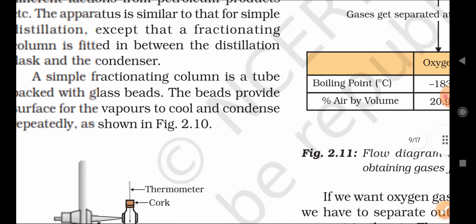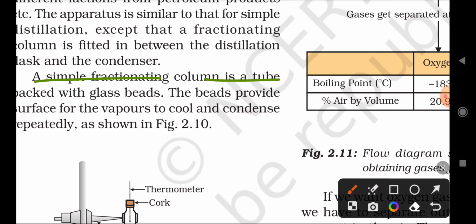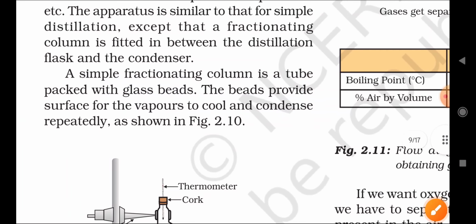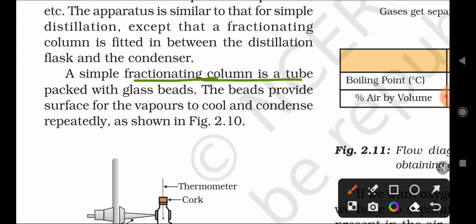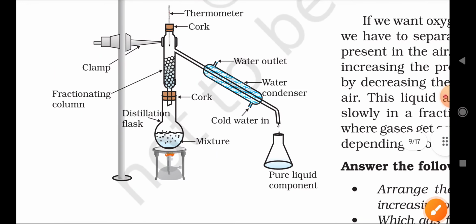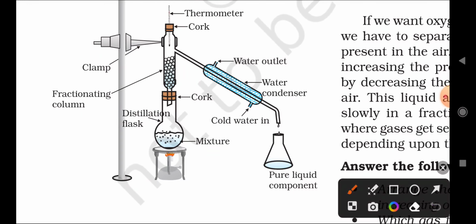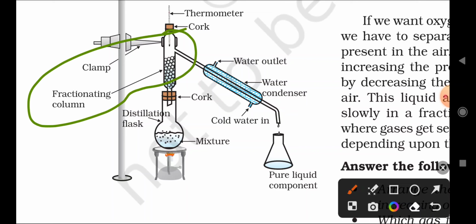A simple fractionating column is a tube. It is a simple tube packed with glass beads, and these beads provide surface for the vapor to cool and condense repeatedly, as shown in the figure. So the distillation and the fractional distillation methods are the same, but in addition there is a fractionating column with glass beads.